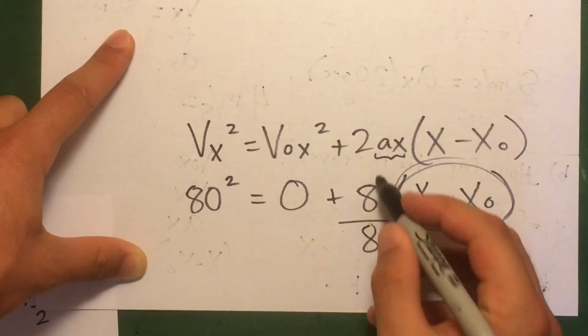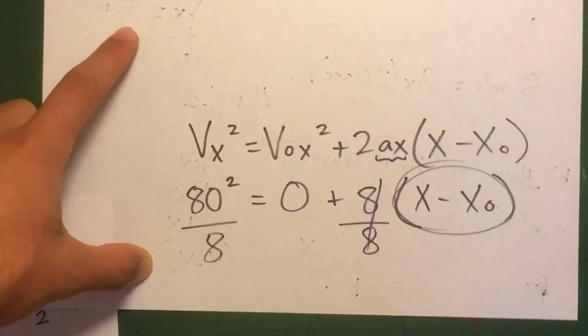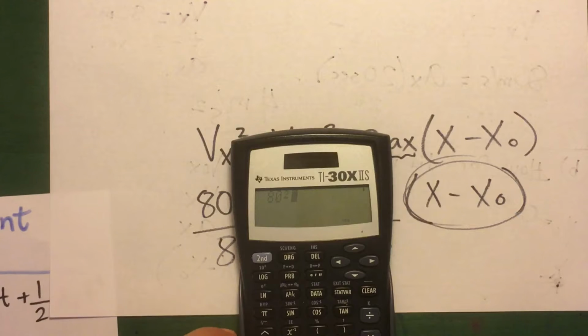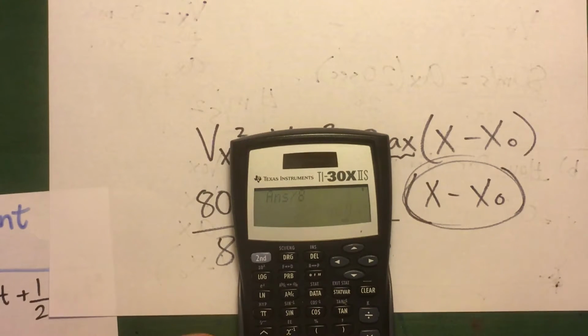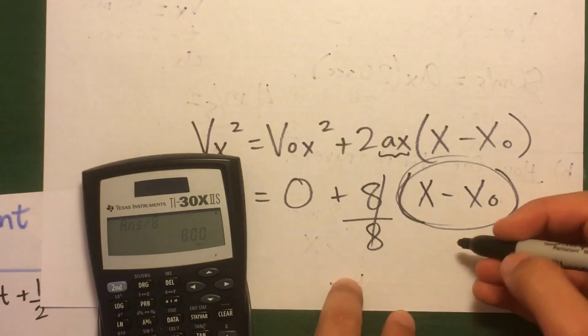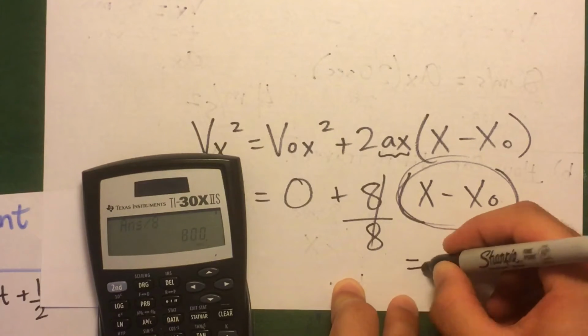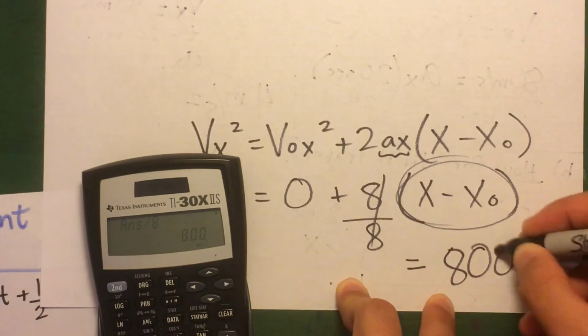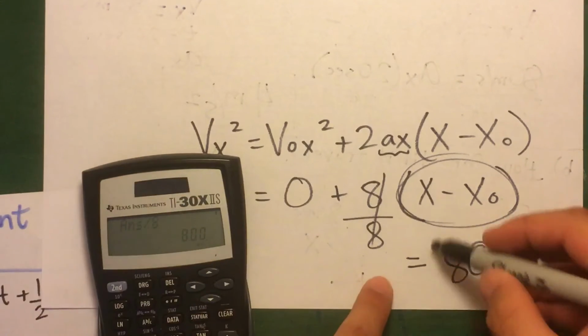We can divide on both sides by 8. Using the calculator, 80 squared is 6,400, divided by 8. And so x minus x0, the displacement, is according to the calculator, 800 meters.